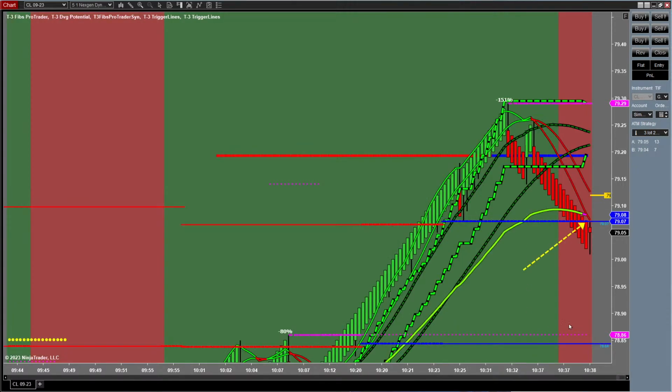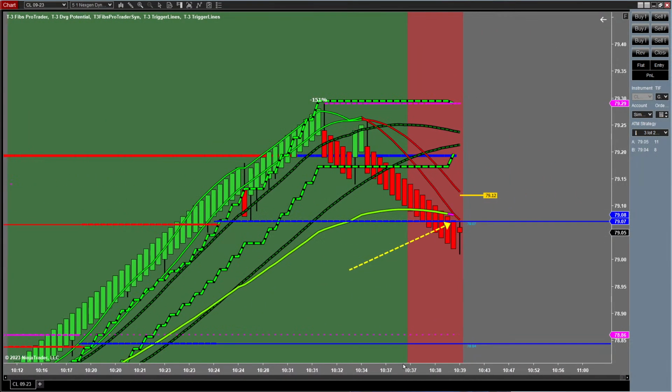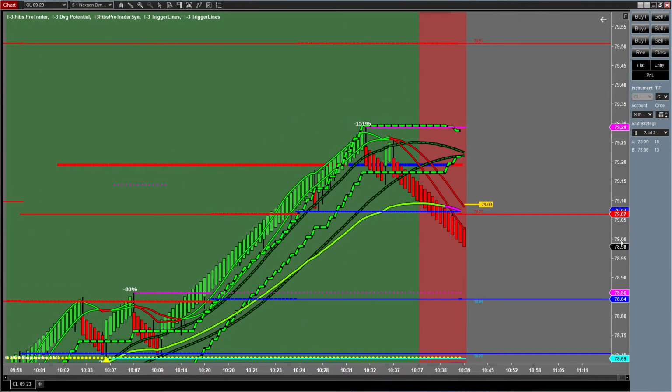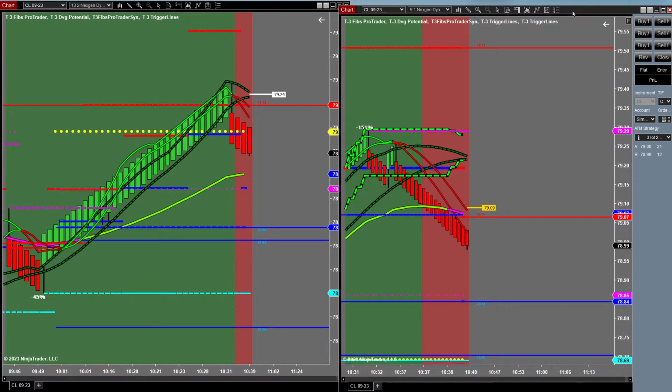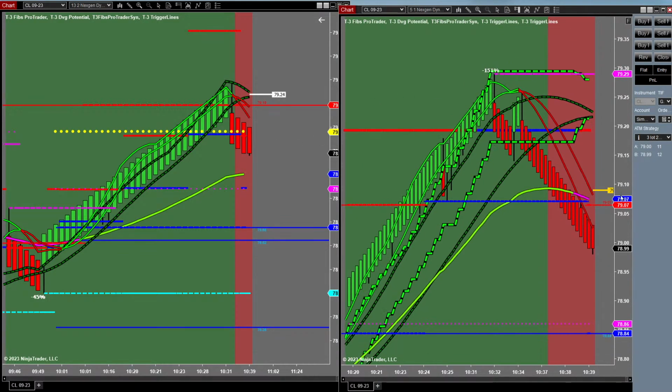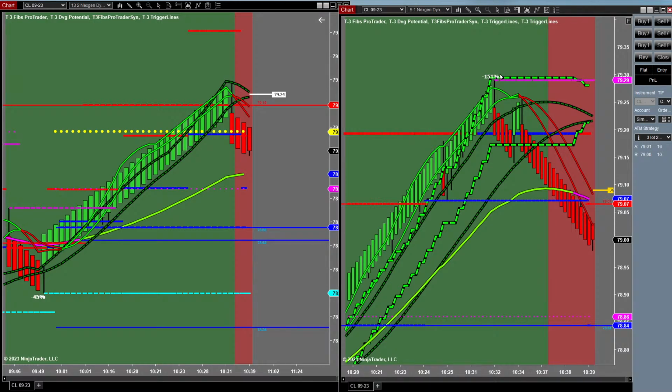Ask yourself that same question. How many triggers are below that blue fib? None at the moment. Now that may change. This is a very classic overrun of a fib by just a little bit. Overrun of a fib with weak triggers, with divergence on your small chart.